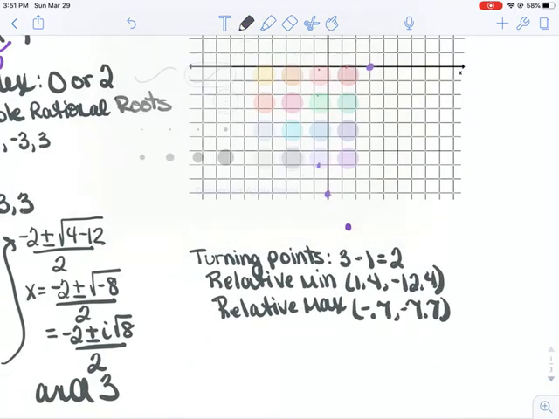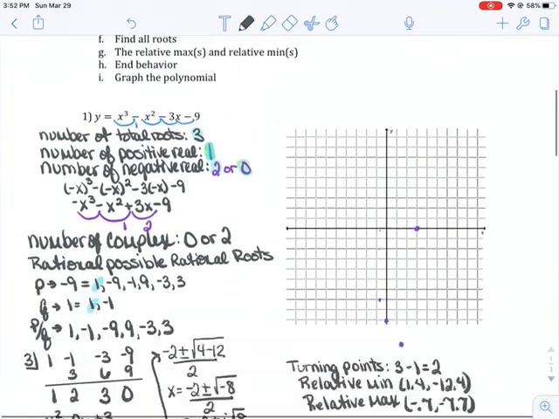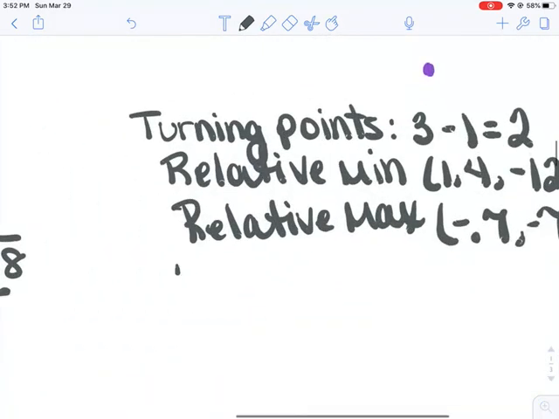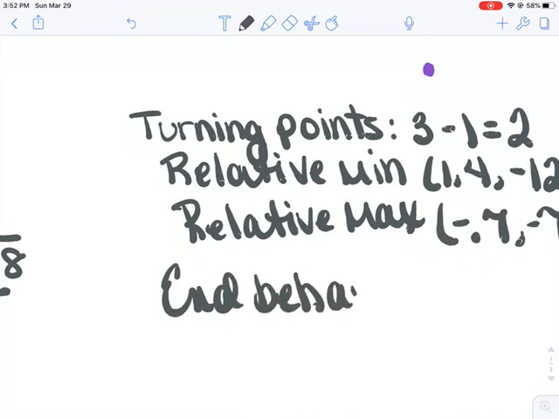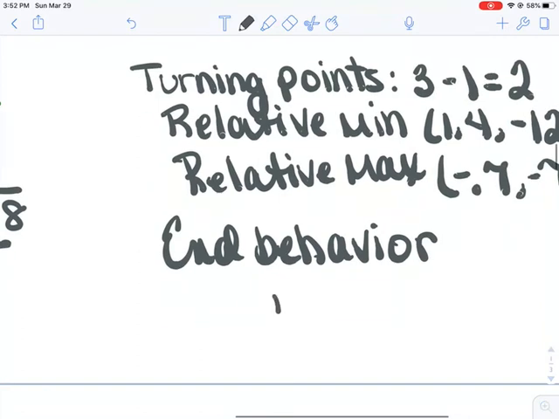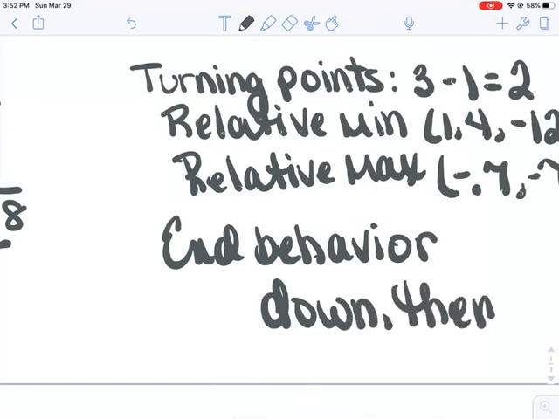And then let's talk about end behavior. Was the last thing on our list? Yep, end behavior. Okay, so remember this is a cubic and the lead coefficient is positive, which means that it starts down, then up.